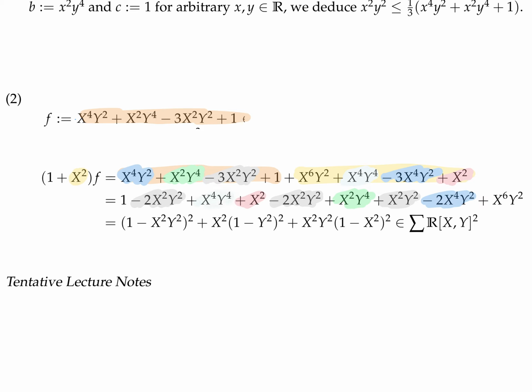It's just here. And then the x to the 6 y squared, that's here. And then the 1 here is this.